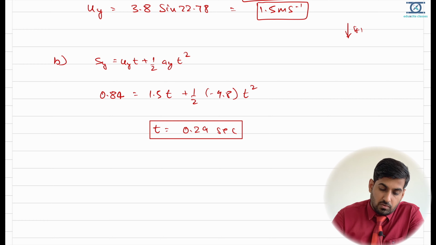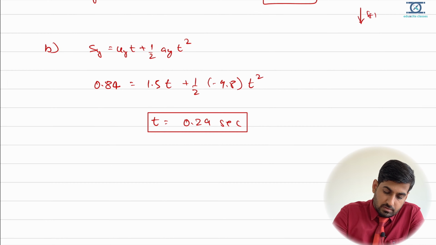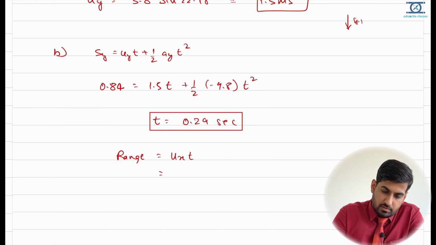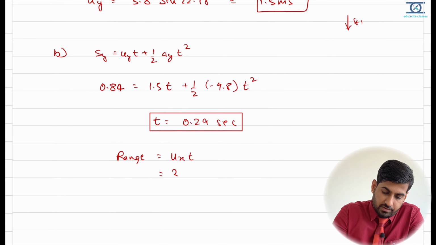Okay, so we found the time, but now for the range, I can say range will be equal to ux times t, right? So ux times t will be 3.5 times 0.29.